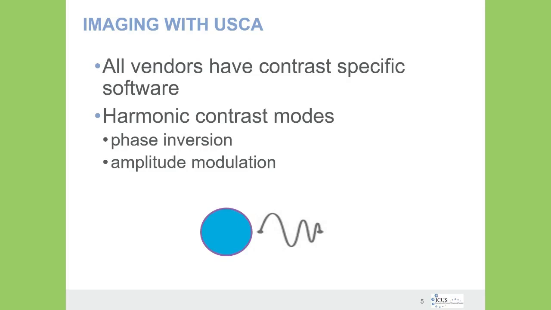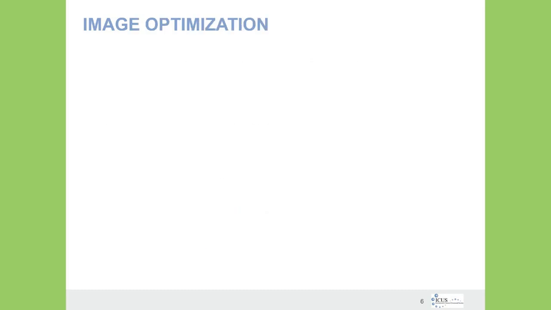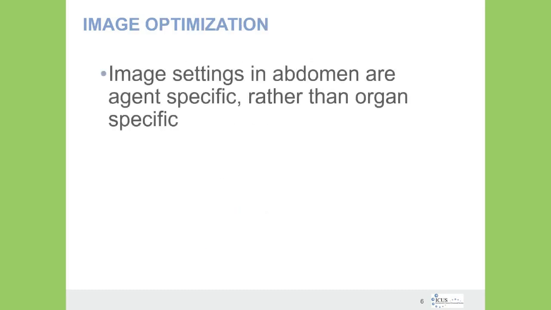Different vendors use different platforms, and we may have phase inversion or pulse inversion or amplitude modulation, but the goal of each contrast-specific software package is to display the harmonic bubble signal and not display any of the underlying fundamental information. Therefore, when we optimize our images in a non-cardiac setting, our image settings are agent-specific rather than organ-specific. And going from agent to agent, there is not a large difference.